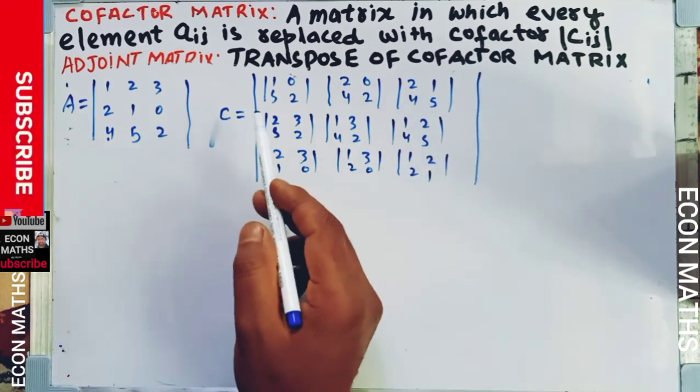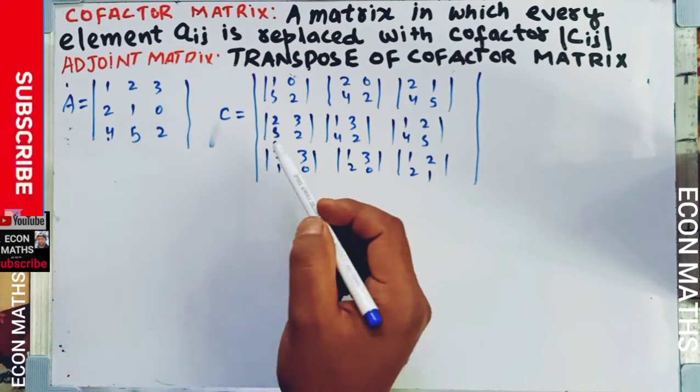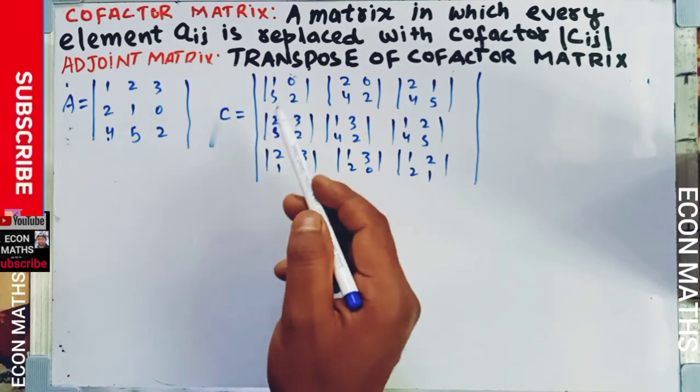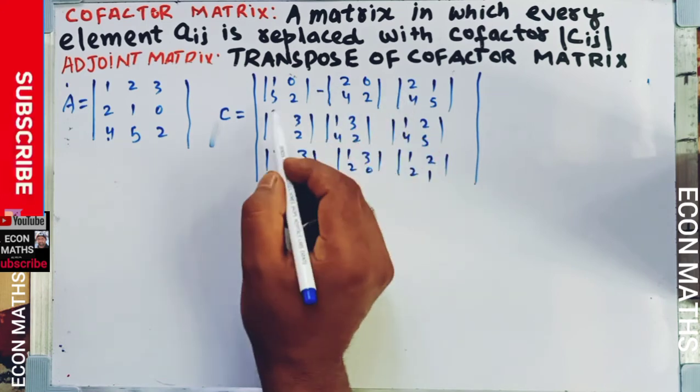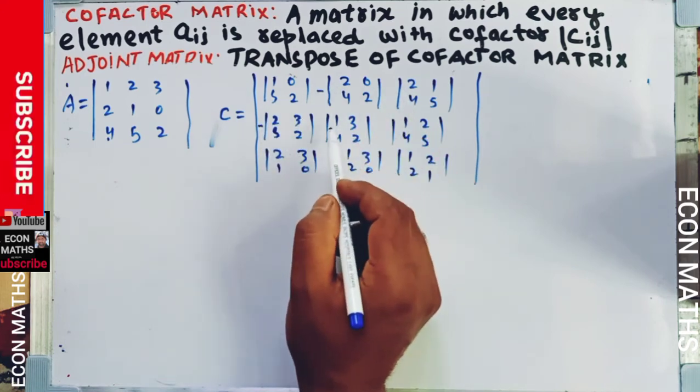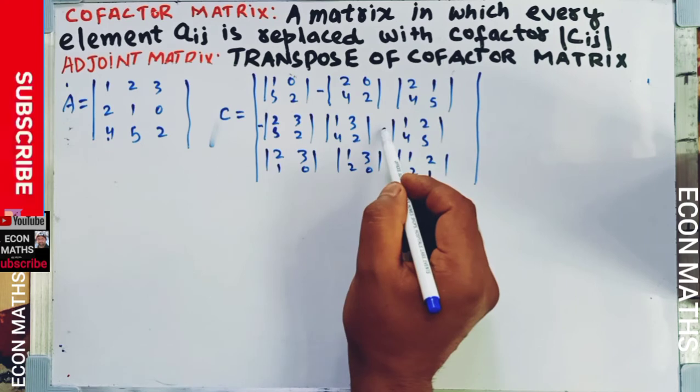Now we have to give the proper sign. We have seen the sign changes alternately. First is positive, second is negative, third is positive, fourth is negative, fifth is positive, sixth is negative.